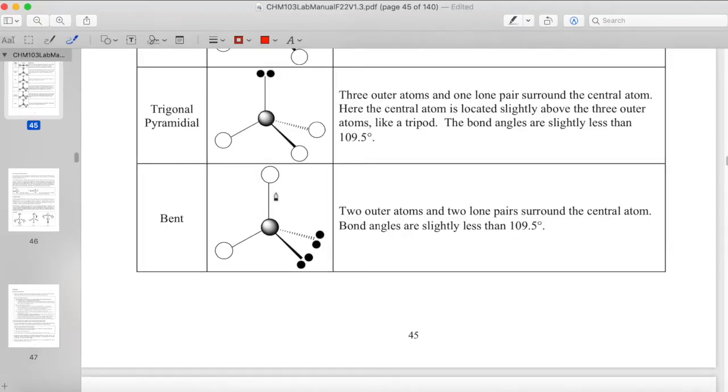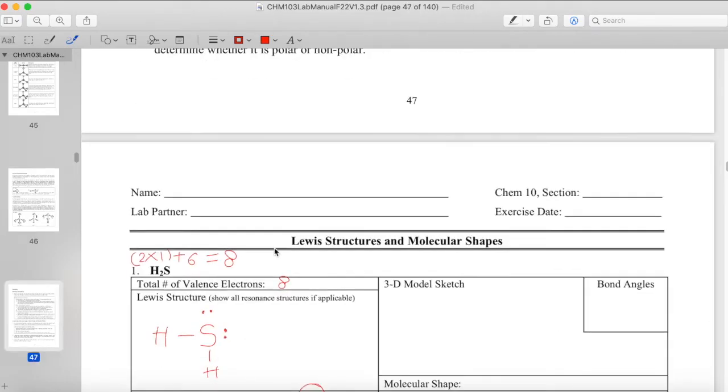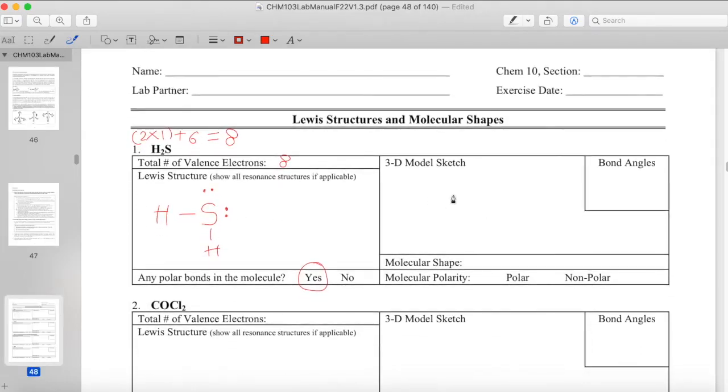There's a 109-degree bond angle, or roughly 109.5. And again, that's a 3-dimensional molecule. This lone pair is sort of sticking into the paper. This lone pair is sticking out towards you. So you can draw this molecule basically in 3D here if you'd like. But that being said, if you're one of my students and you want to skip this section, that's fine.